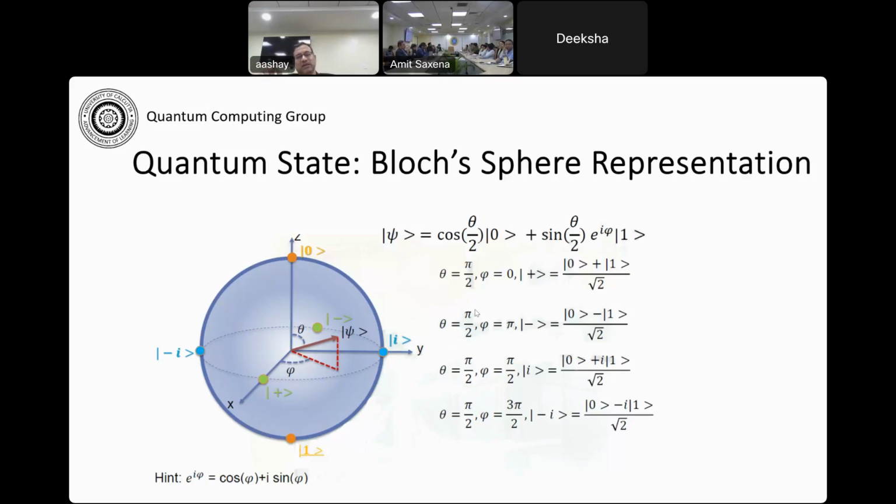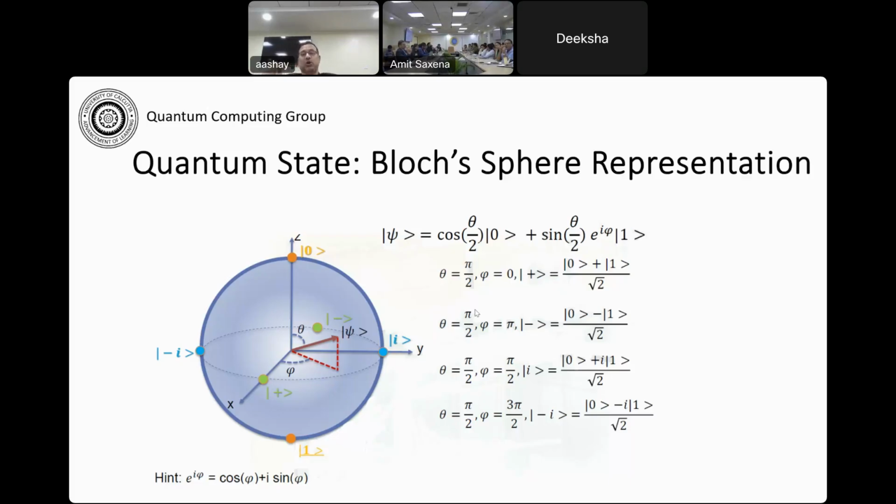Now, a state space of any system is modeled by the state variables, right? And what are the state variables for a single qubit system? The state variables for a single qubit system are two parameters. One is theta and one is phi. There may be other interpretations, but I find this is the simplest interpretation, which is very easy to understand a qubit system.